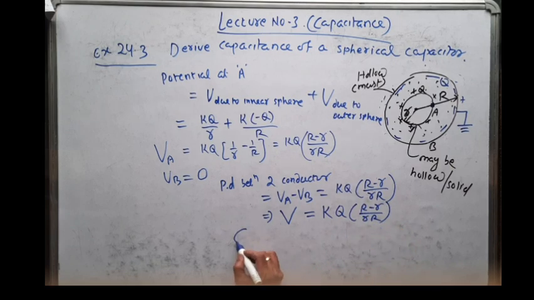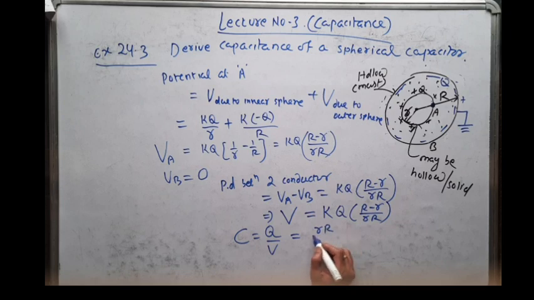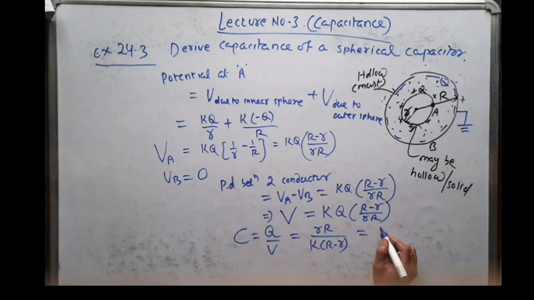But we know what capacitance is. Capacitance is nothing but charge per unit potential difference, that is Q by V. So Q by V is equal to small r R by K into (R minus r). But what is K? K is equal to 1 by 4 pi epsilon naught epsilon r.